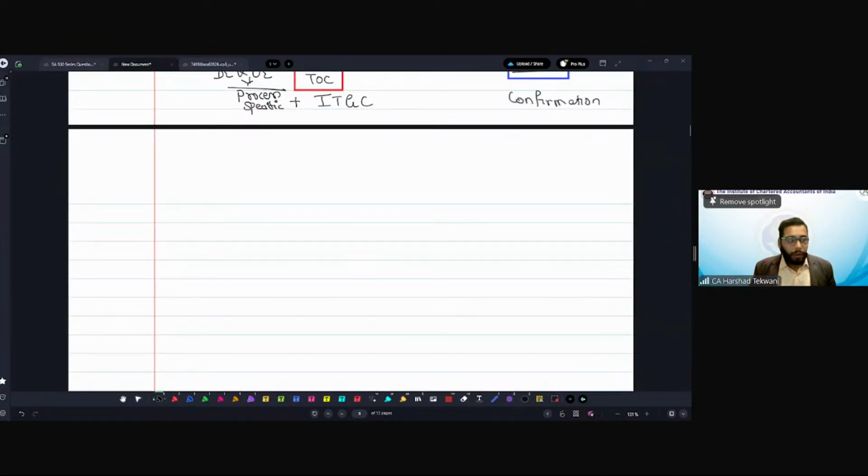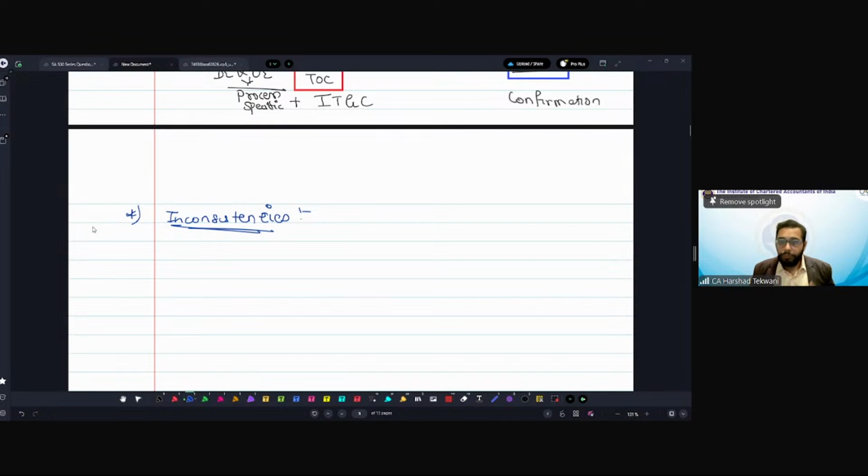Now, the next part that I want to discuss is inconsistencies. Or you have doubt over the reliability of the audit evidence. You do not trust the audit evidence because of XYZ reason.